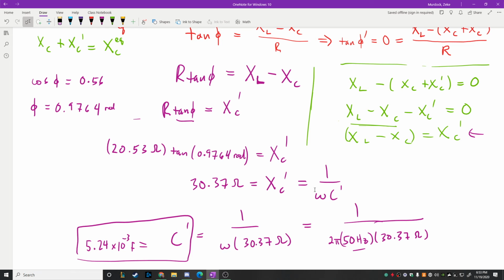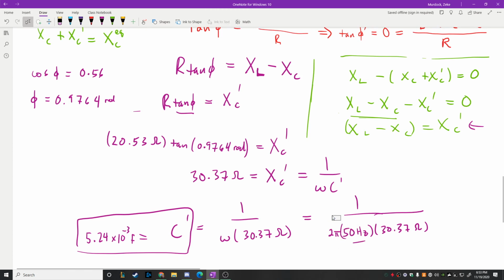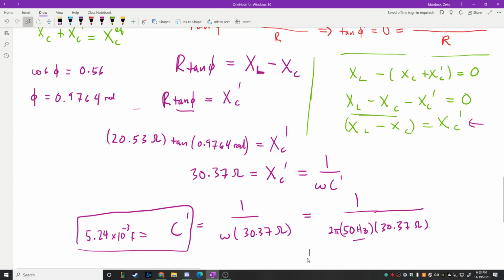Maybe there's some numbers here that are hard to read. It's 2 pi times 50, so 2 pi times 50 times 30.37. Really? What am I doing wrong? Oh, because I didn't divide by 50. Oops.